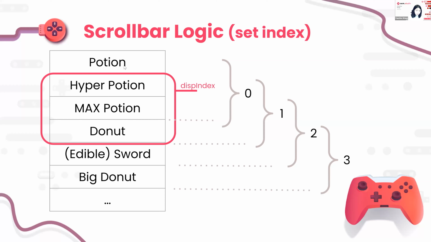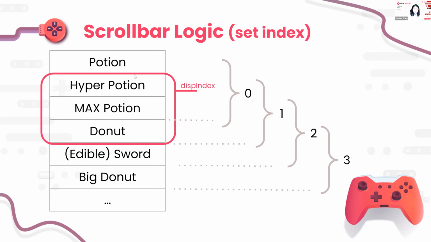So for the total number of items in our inventory, for each increase in one item beyond the initial 3, or the initial amount of items possible that can be displayed on the screen, it basically adds a new set of possible items that can be displayed on the screen, if that makes sense.